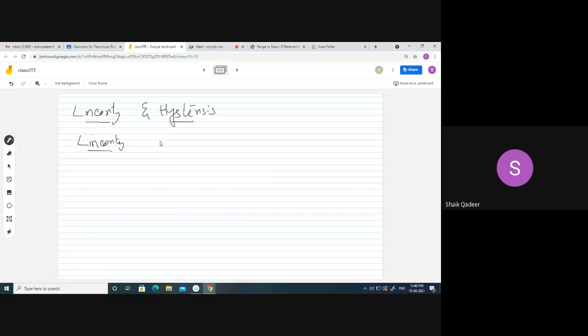In order to see the meaning of linearity, let us see the input versus output curve of an instrument. Ideally, suppose we are getting a relation like this. Ideal case.